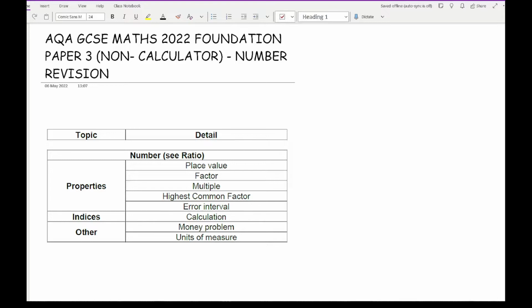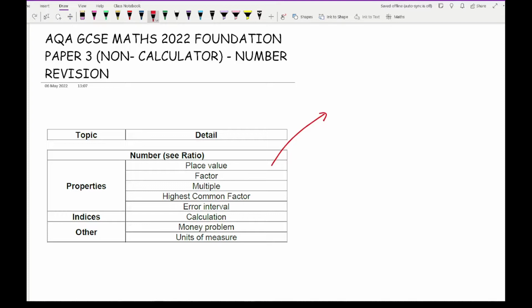So going back to this, in terms of number property, now place values, what you need to do is make sure you know what the place values are. So what we mean by place values is looking at thousands, hundreds, tens, units, but also looking beyond the decimal point of looking at tenths, hundredths, thousands, etc. Now, one thing I would recommend that you do is know how to write place value using fractions.